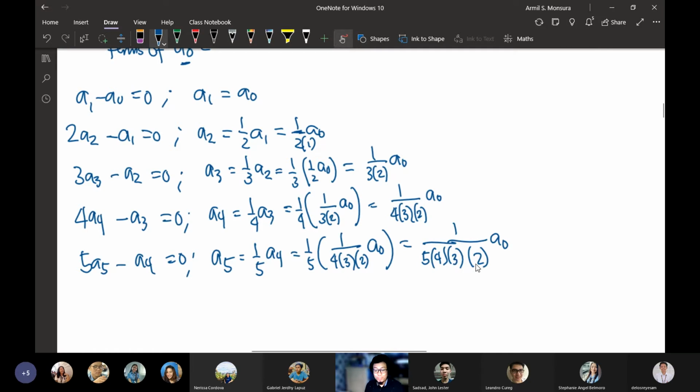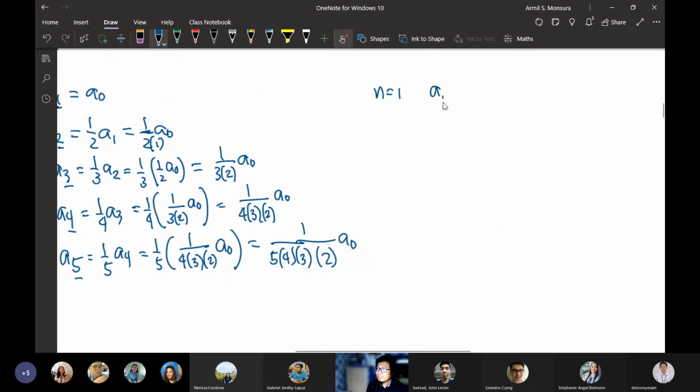Okay. At this point, siguro medyo malinaw naman na to, no? Medyo malinaw na to that the denominator here is actually a factorial. Okay? Tingnan nyo mabuti yung pattern, ha? If I let the subscript of this to be n, then when n equals 1, a1 equals a0, which I can also write as 1 over 1 factorial times a0.